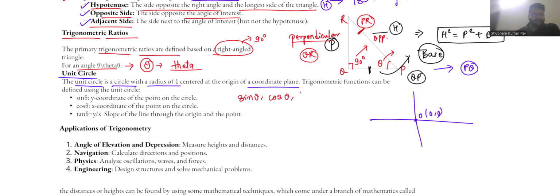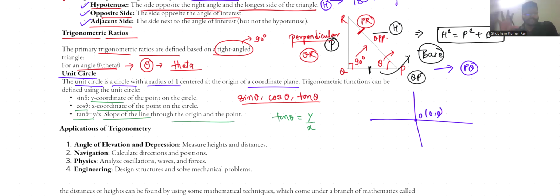If you just see here, sine theta belongs to the y coordinate of the point on the circle, whereas cos theta belongs to the x coordinate of the point on the circle, whereas tan theta is what? That is y upon x, that is the slope, or as we have discussed, the gradient of that, right?